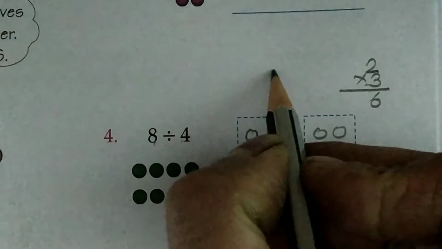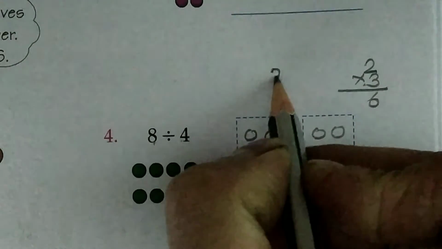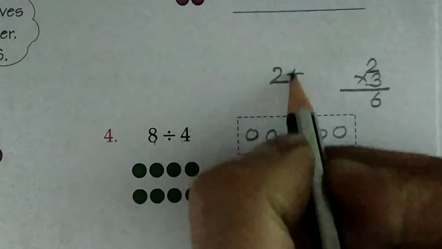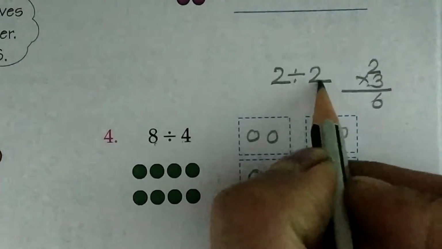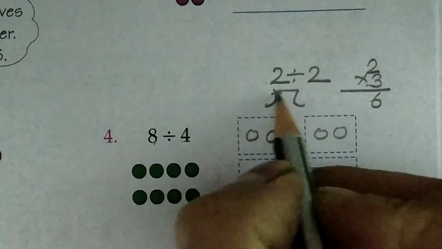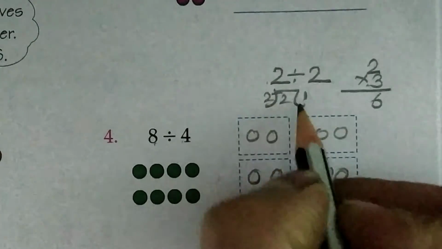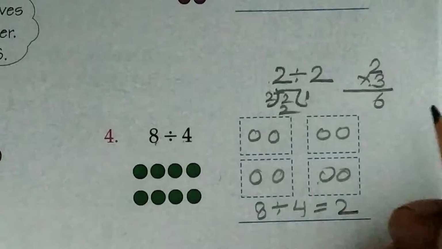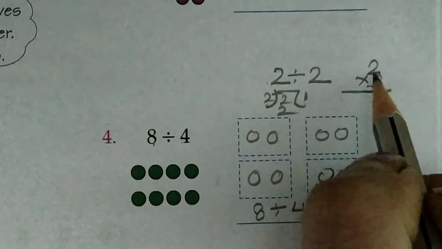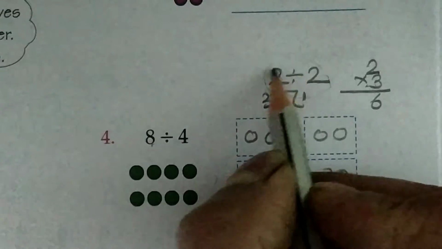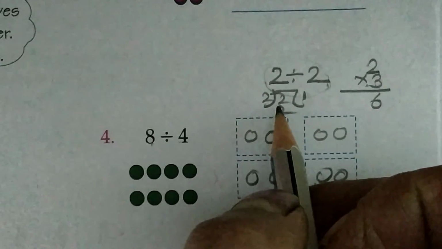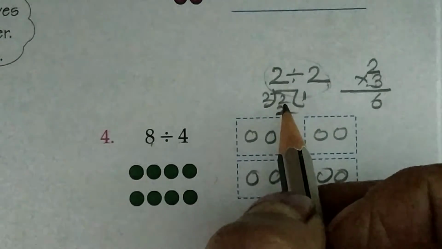But in division, if we write 2 divided by 2, we read the table of 2 one time. In this case, we have to read the table 2 times. But in this case, we have to read the table of 2 to get 2.